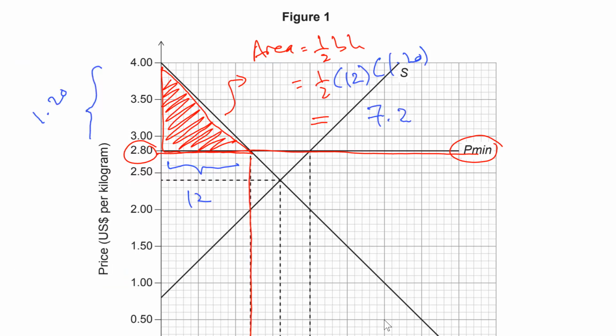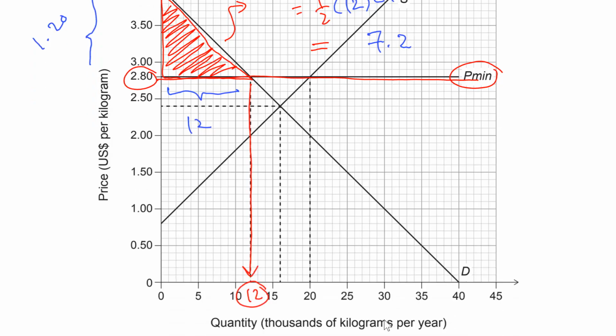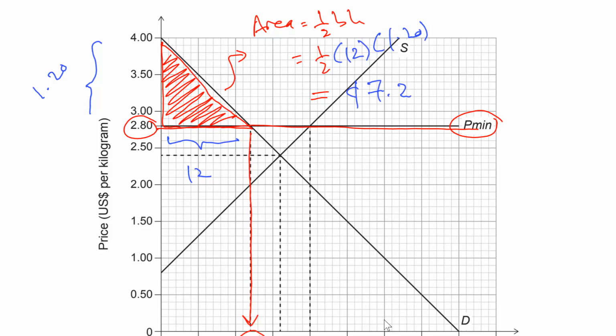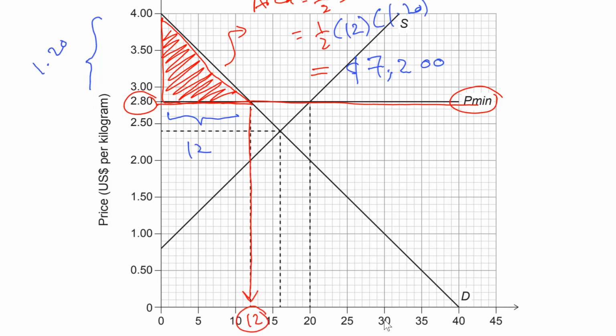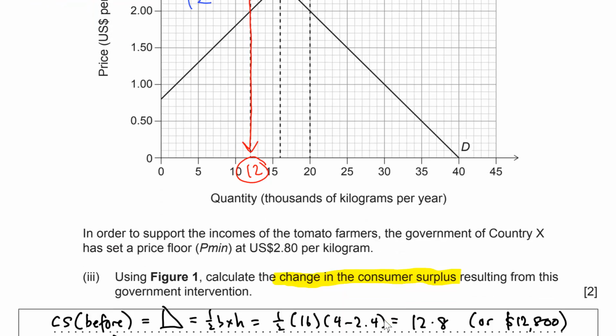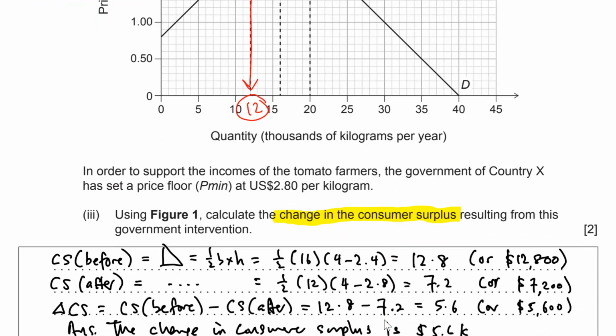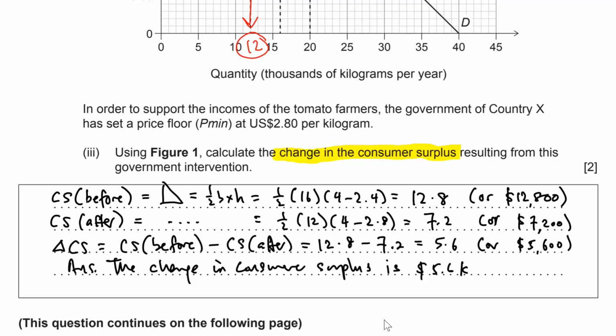But remember, because this is measured in thousands of kilograms, it's actually 7.2K, so $7,200 worth of consumer surplus after the price control. Which is what I've got written down here. So we can see that the consumer surplus before was 12,800, and consumer surplus after is 7,200.